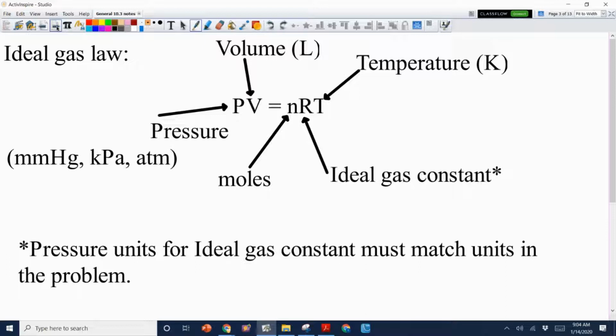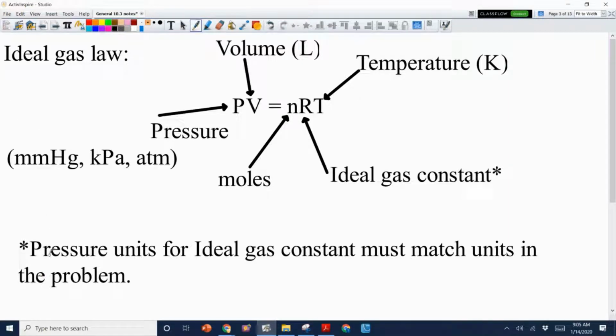If you'll remember back to when we were talking about moles, n is the abbreviation for moles because we can't use a lowercase m, since lowercase m is meters, so they defaulted to the next letter, which is n. Capital R is the ideal gas constant, which I'm going to talk about in just a moment. That's why there's an asterisk. And T, of course, is temperature, and that must be in Kelvin.